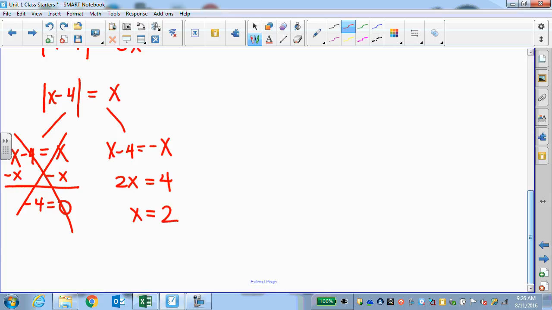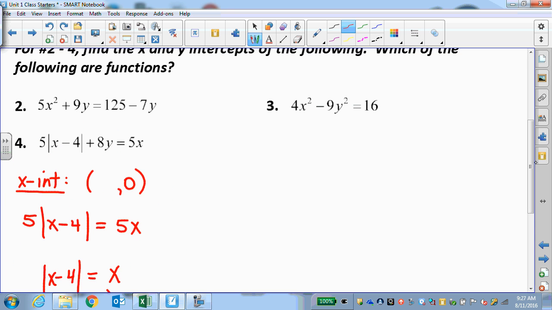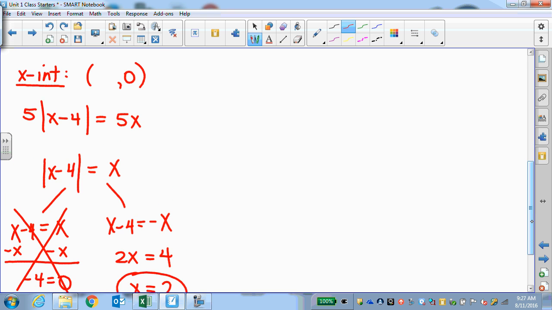Okay, so there is my x-intercept. And you can see if I plug 2 in for x, 2 minus 4 is -2. The absolute value of that equals 2. That makes sense. Okay, so 2 is our only x-intercept.